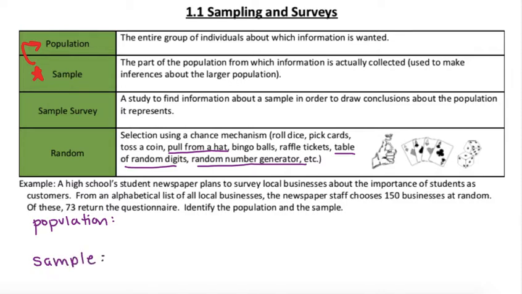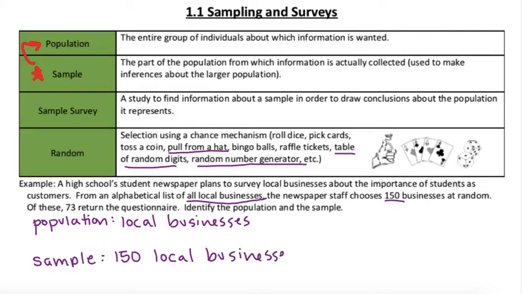The population here is all local businesses. That's our group of interest. And our sample, because we didn't contact all the local businesses, is the 150 local businesses we chose.